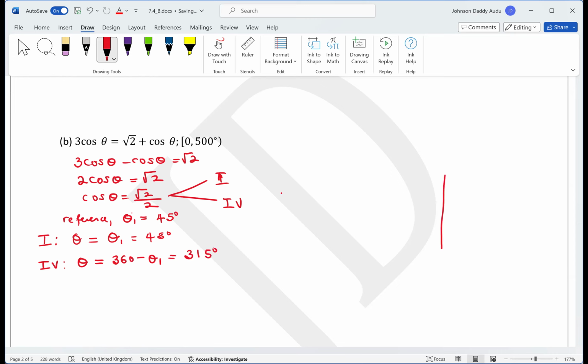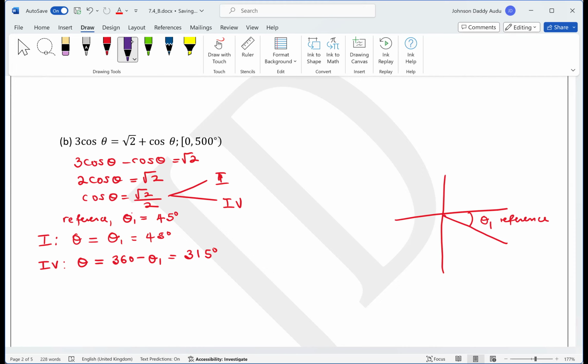Now, why is it like that? Let me explain that for the fourth quadrant. If you're in the fourth quadrant, the reference angle is going to be this one. This is theta 1, the reference, because the reference is the smallest angle between your x-axis and your terminal, right?